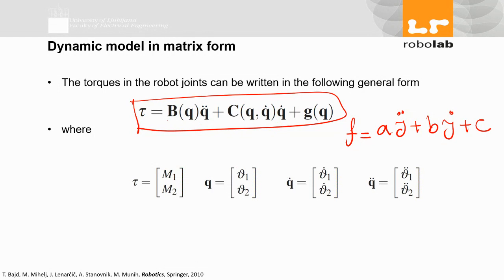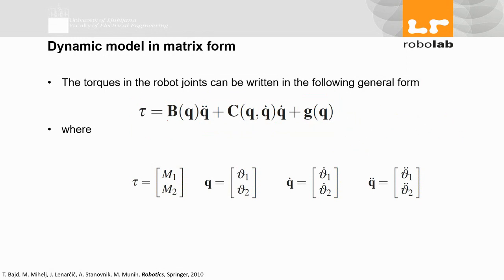It's not the same thing, but I'm trying to create something like a second order differential equation. In linear physics it is simply numbers multiplied by the first and second derivatives plus a constant. In the matrix world, we mimic that with a matrix B, which is a function of Q, the angles; a matrix C, which is a function of the angles and their derivatives; and a G, which is a function of the angles.